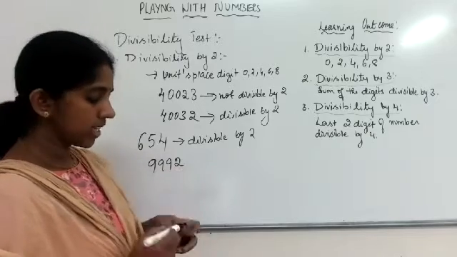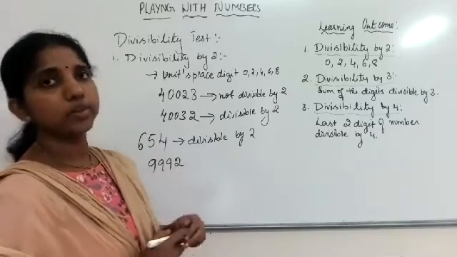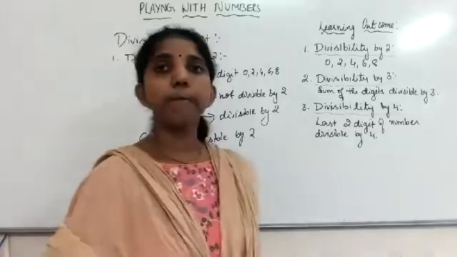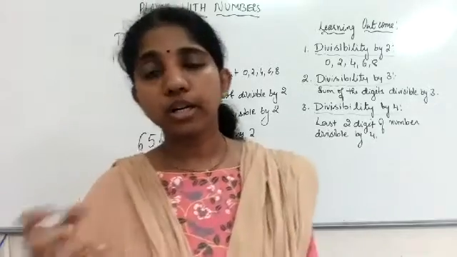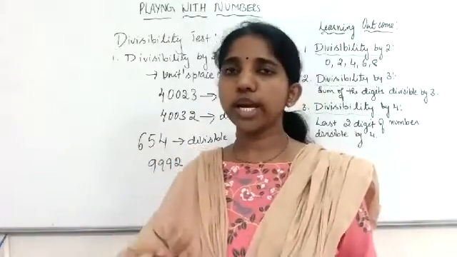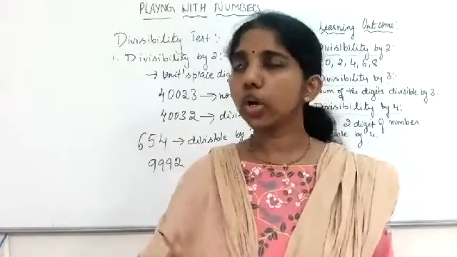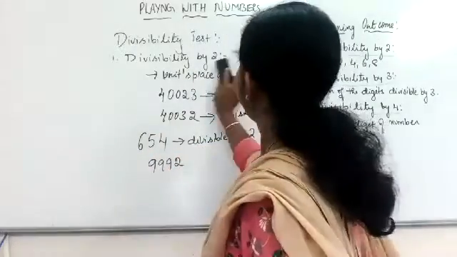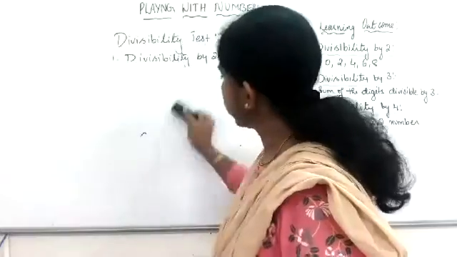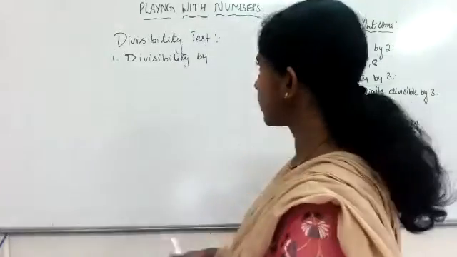You can directly say that the number is divisible by 2. So this is the divisibility test for 2. That is done. Next we will go for the second one.